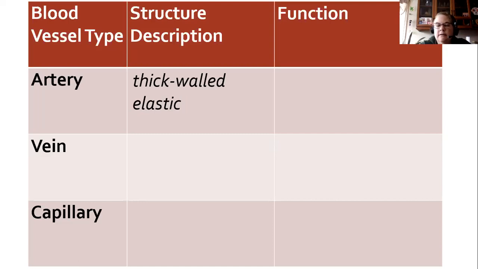Okay, function. Quick couple of words, function of an artery. Any ideas? Yeah, the biggest thing we need to remember about arteries is that they carry blood away from the heart.